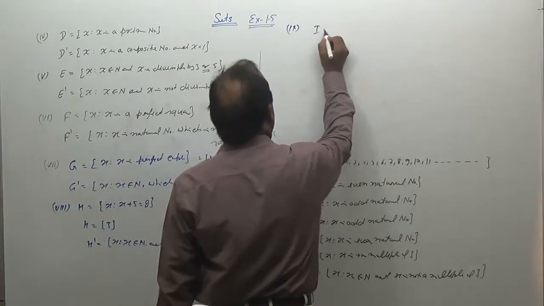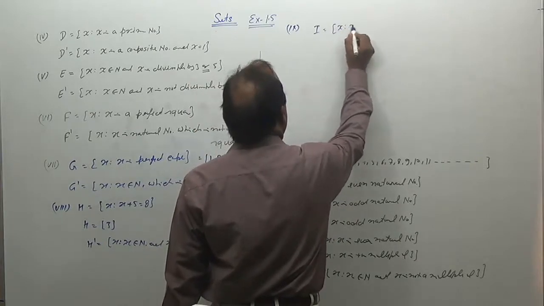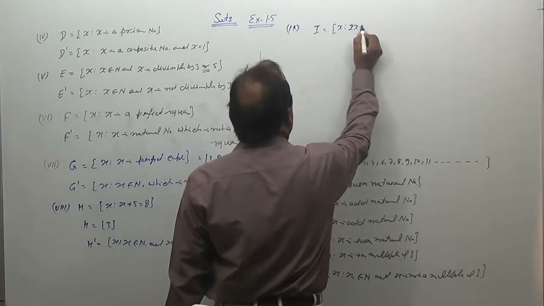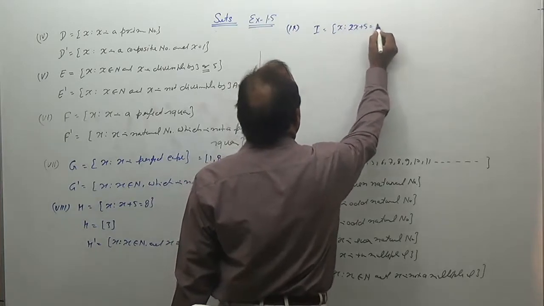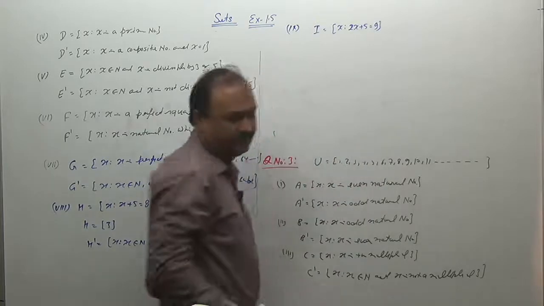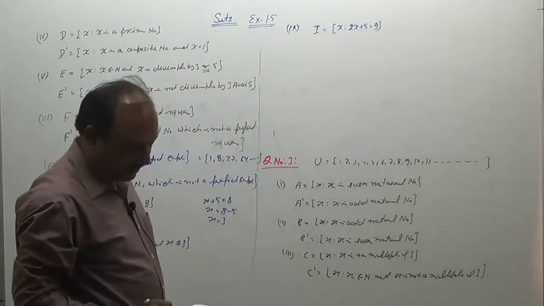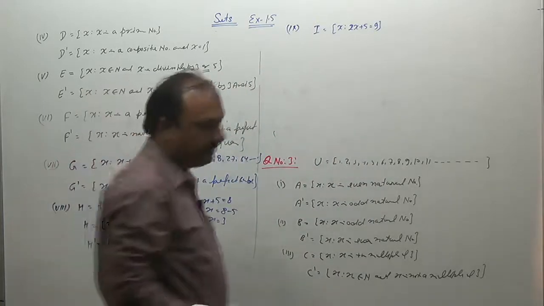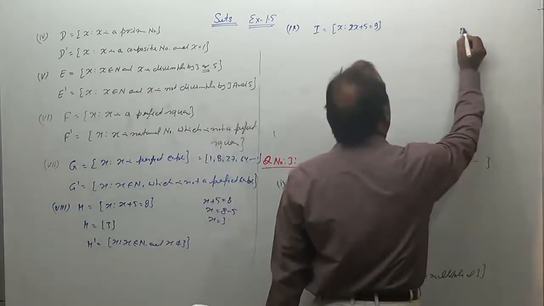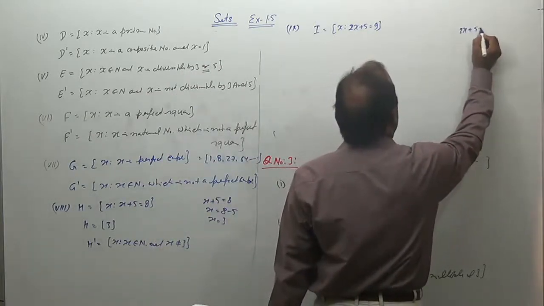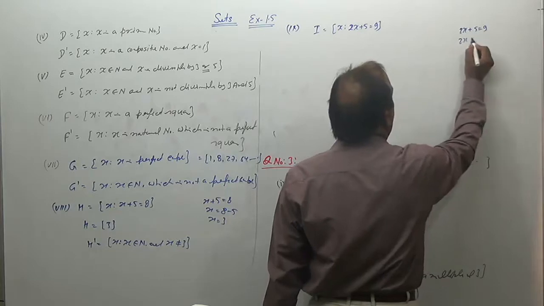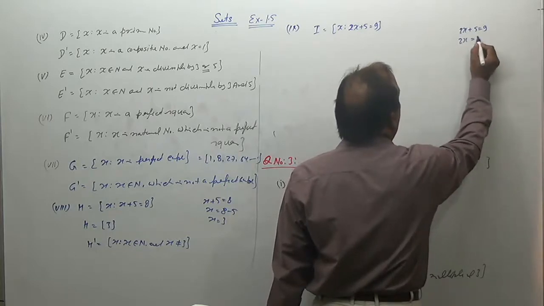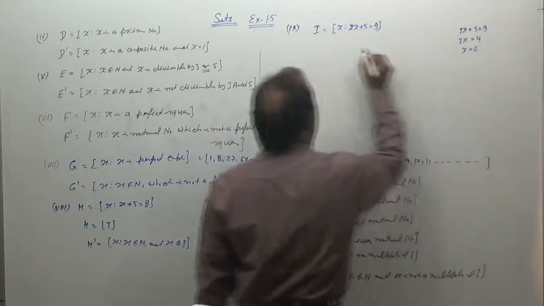This is denoted by I. So when we solve this equation, 2x plus 5 is equal to 9, that is 2x is equal to 9 minus 5, which is 4, x is equal to 2.